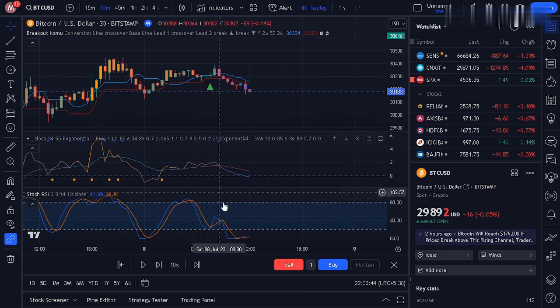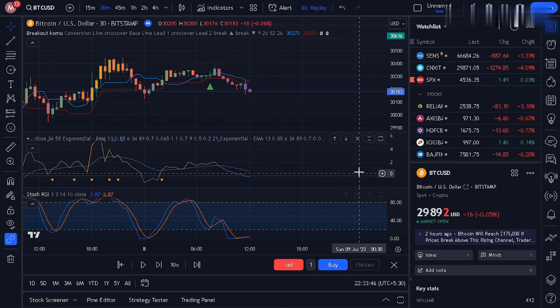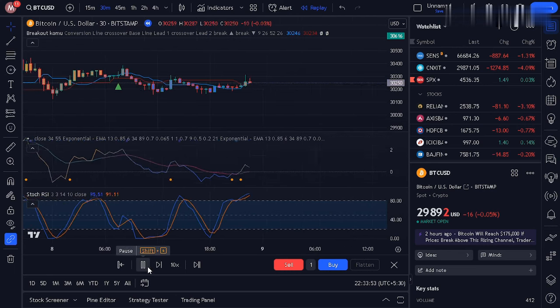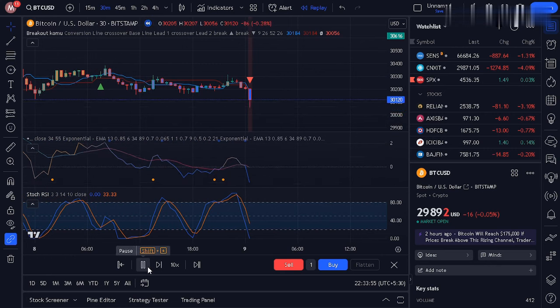For better understanding, we used RSI here and can see that there is a bearish crossover happening in the RSI. That means the probability of a winning trade is very low, and that's why we are not going to take the trade.